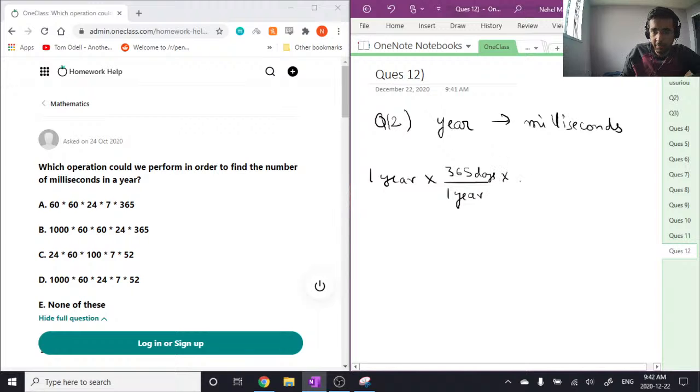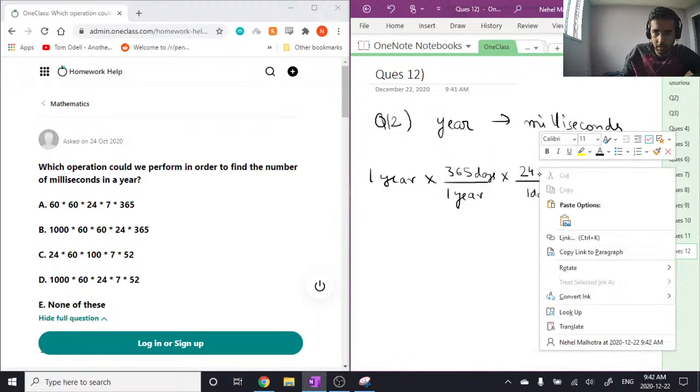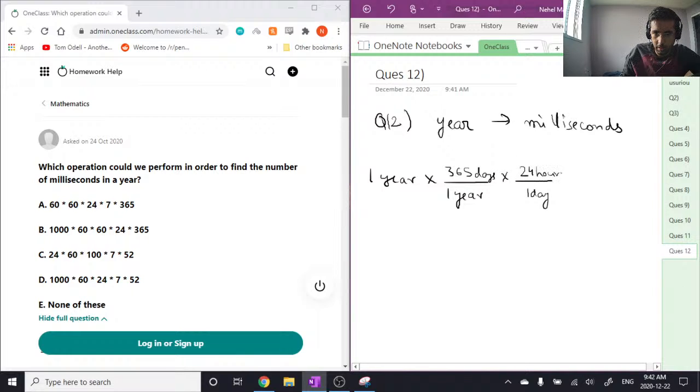Okay, now that we've gone to days as our final unit, we can go from days to hours. So in 1 day we have 24 hours. Okay, so now we're almost there. In 1 hour we have 60 minutes.